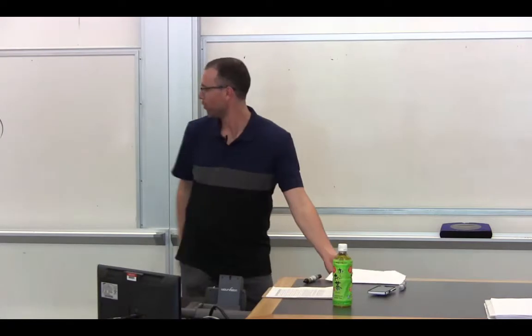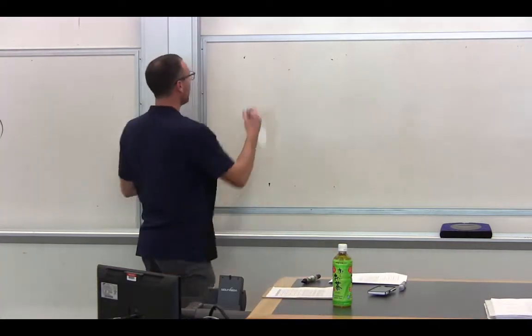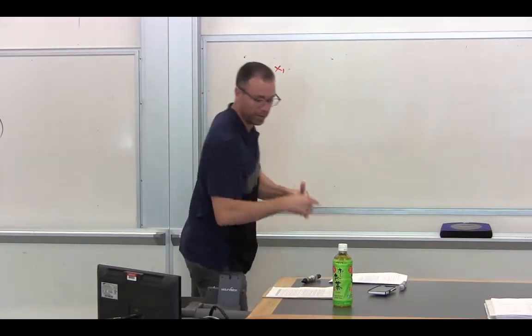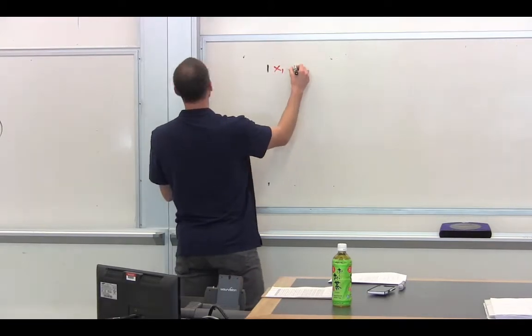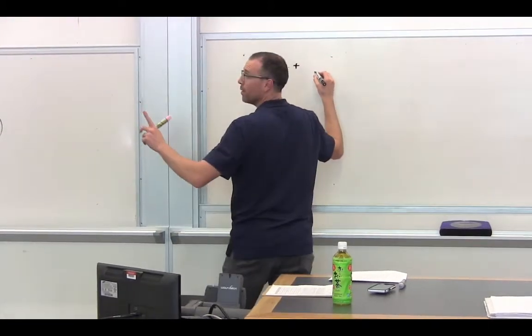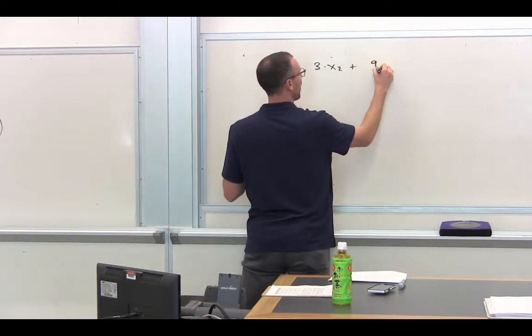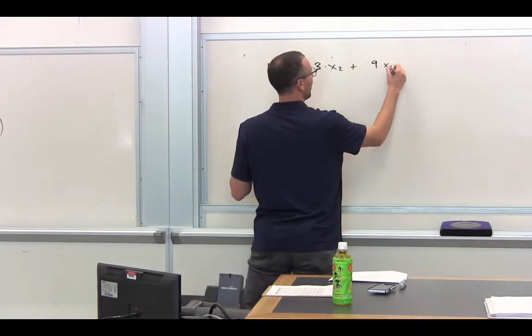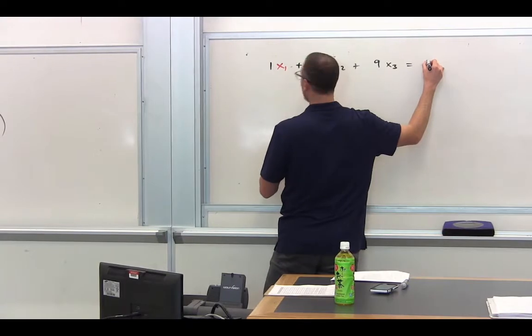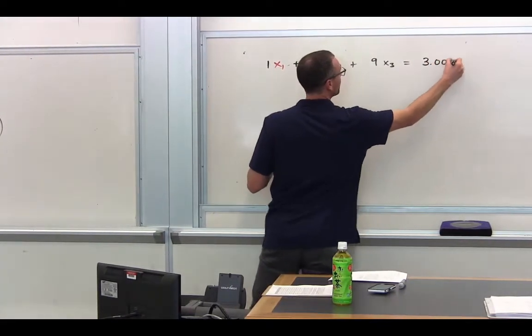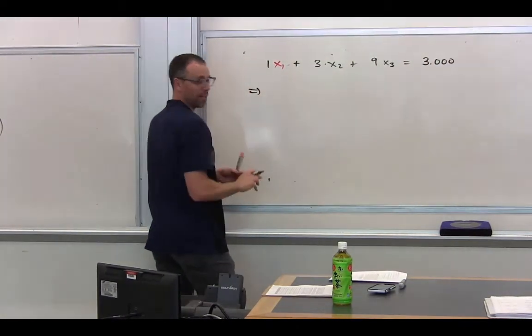Okay, so what's the last one? What's the last thing we want to fill in there? x1, and the claim about x1 was what? 1 times x1 plus 3 times x2 plus 9 times x3 was supposed to be equal to 3.000. So what does that immediately mean about x1?